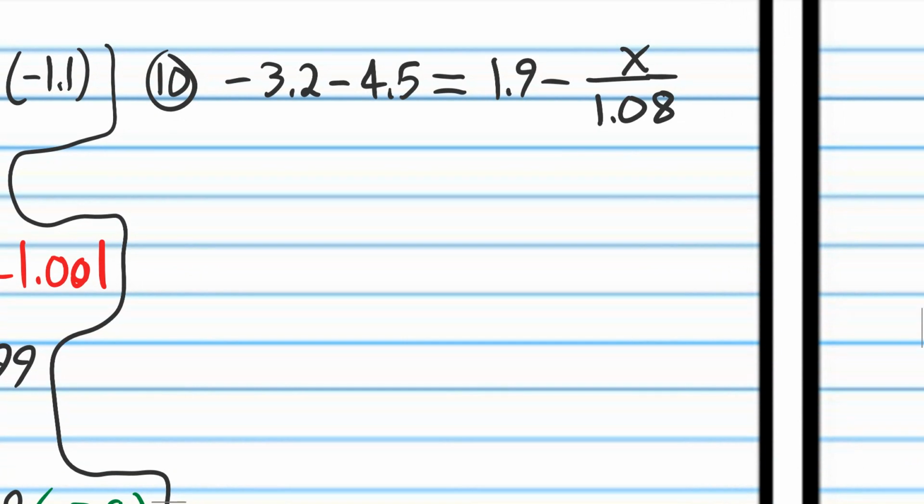All right, we're back. So I think we can do the left side in our head. 4 plus 3 is 7, and then 2 plus 5 is 7, so that should be negative 7.7.